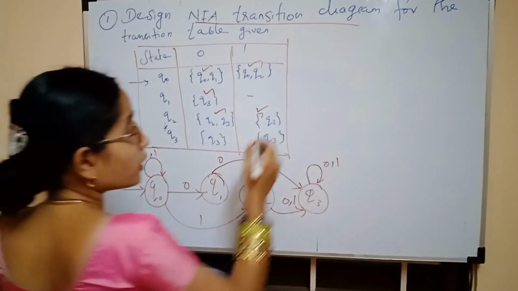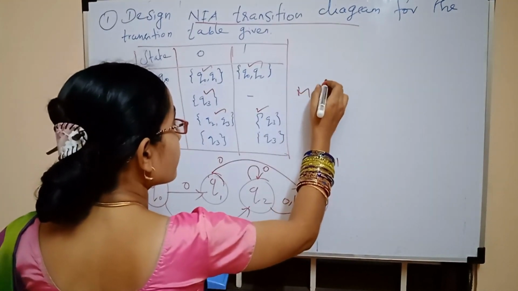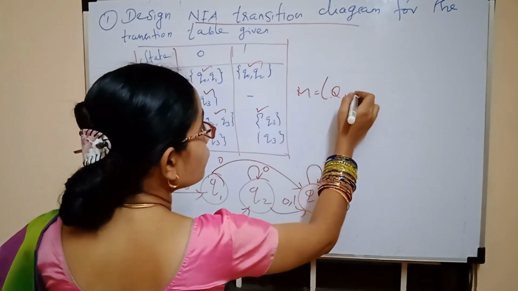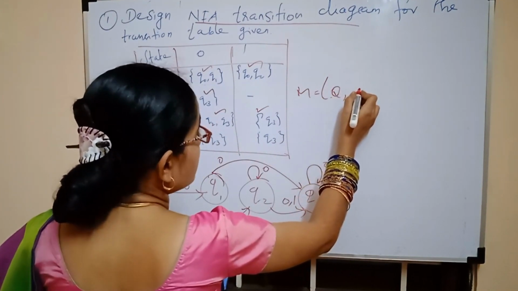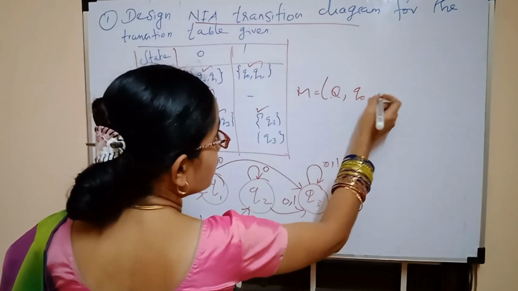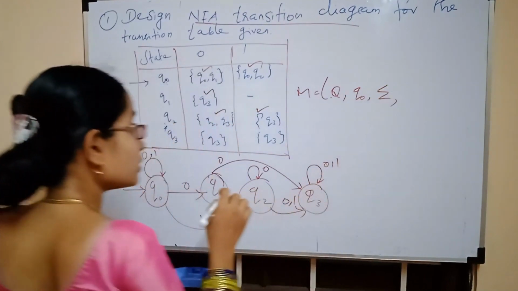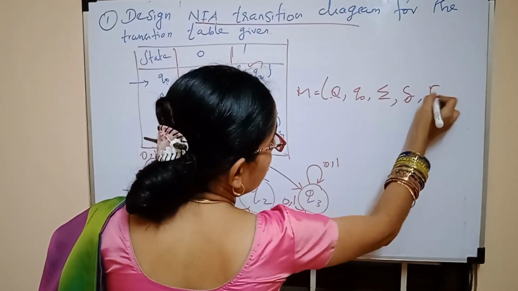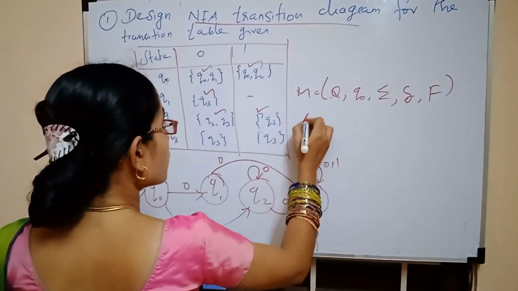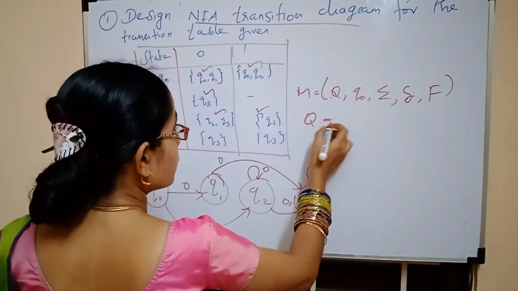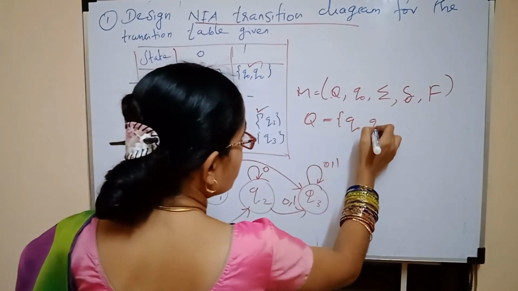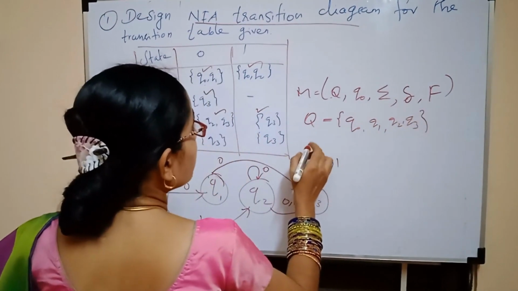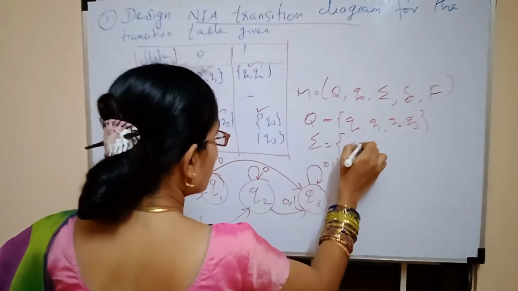Now when you are giving the NFA notation, you have 5 tuples: capital Q, then sigma the input symbols, then delta, then the starting state Q0, and then the final states. What is Q here? The set of states Q0, Q1, Q2, Q3. What is sigma here? Sigma is 0 comma 1.